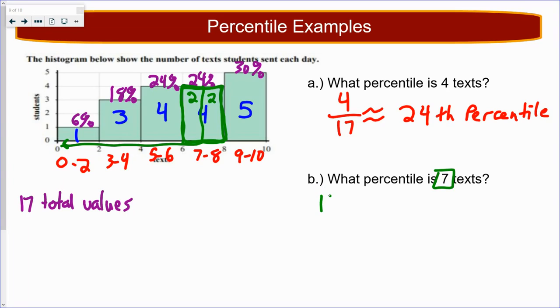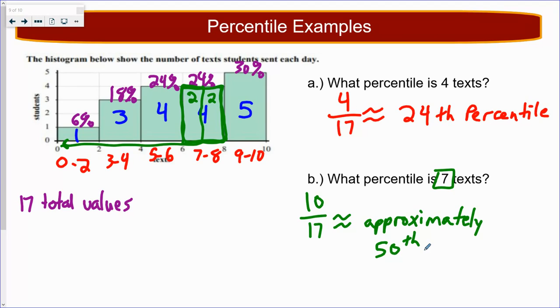So that would be 10 out of 17. Or we can do it with the percentages. So we're adding 6% plus 18 is 24, plus another 24 is 48, plus another 2 is 50. So that is approximately the 50th percentile.